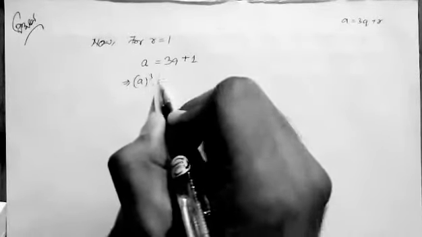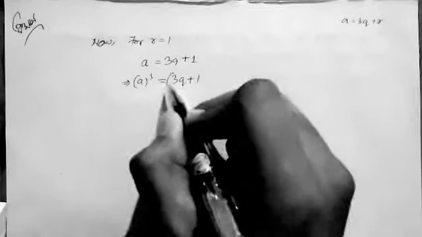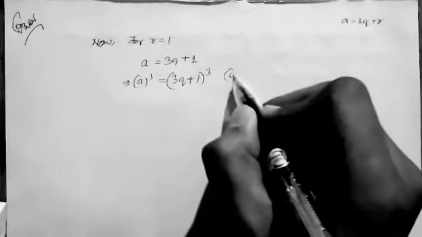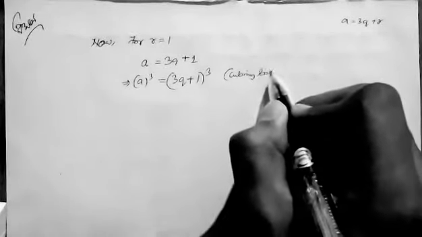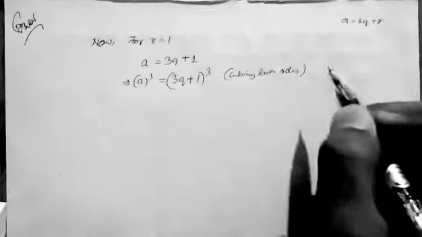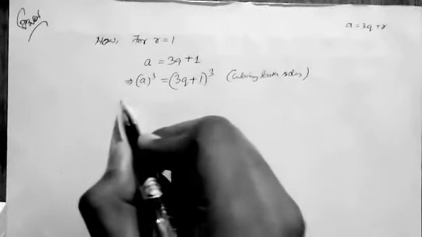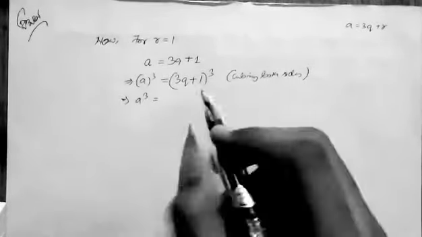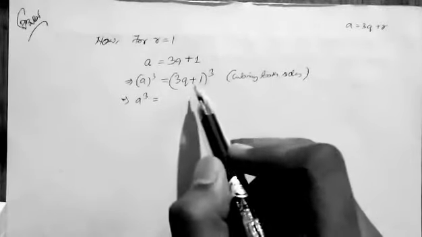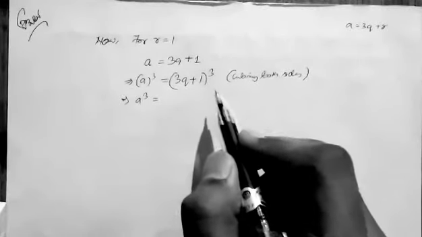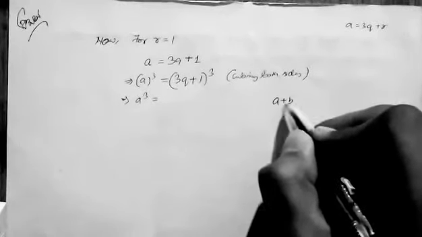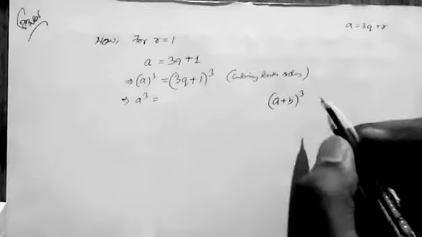Okay, so now again cubing both sides, 3q plus 1 whole cube. You need to cube both sides so that the equality is maintained, right? So just simplify it. Okay, a cube is equal to, now I guess you know the a plus b whole cube formula, or if you don't know, I will write it here. What is the a plus b whole cube formula?